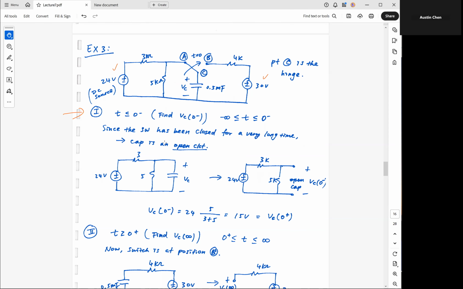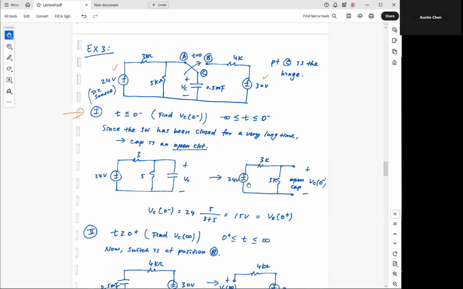So case one. We look first at the circuit before the switching event. Before the switching event, I have this switch sitting at position A. In other words, I'm only focused on this part of the circuit, consisting of 24 volt, 3K, 5K, and this capacitor, just like what I drew over here.